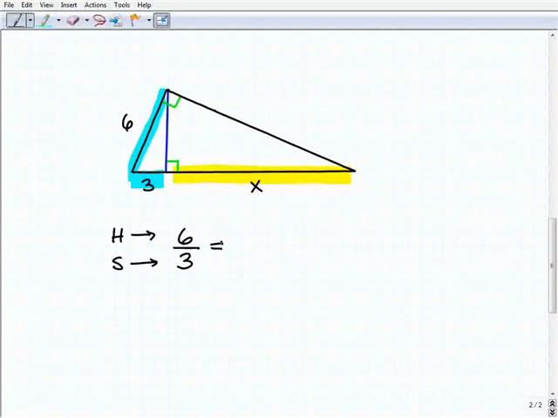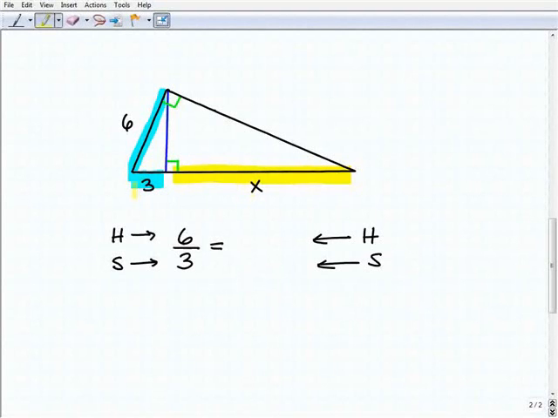Now I want to build another ratio that involves the hypotenuse and the small side of another right triangle, because I remember I have 3 to choose from. But I've got to be careful which one I select, because I need to involve the variable I'm looking for. So I'm going to involve this x here.